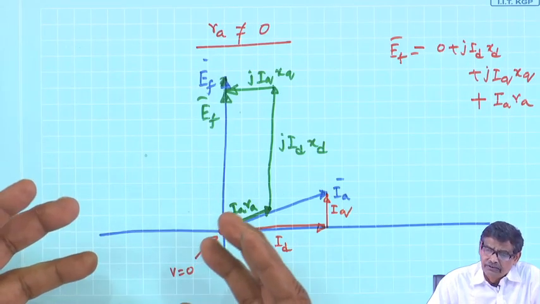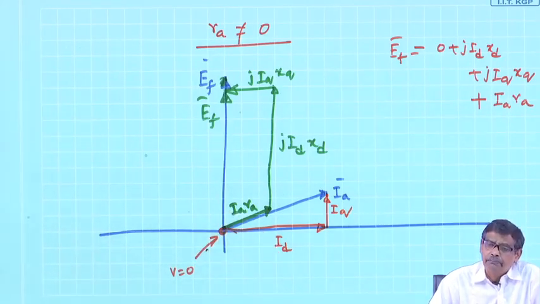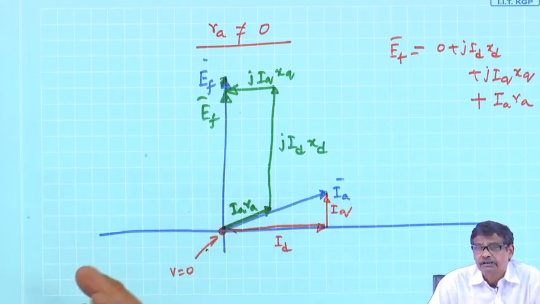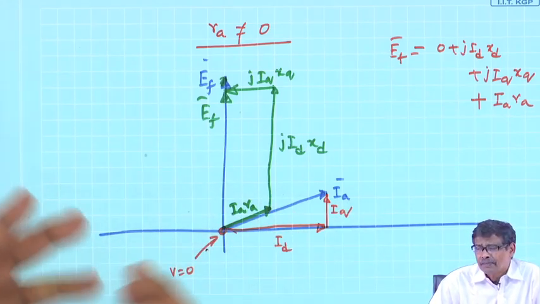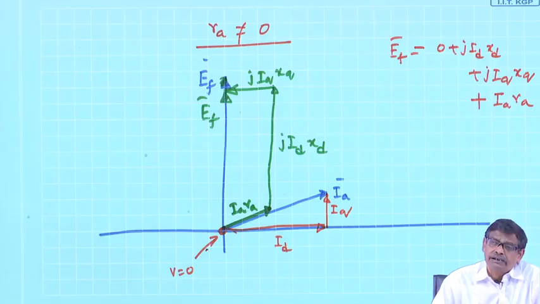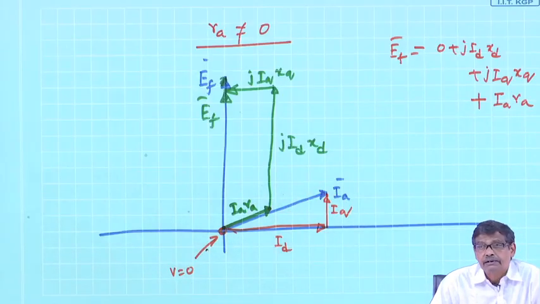And then the concept of rotating magnetic field, the basic principle of operation of the 3 phase induction motor, some ideas about its torque slip characteristics, which are very important, and equivalent circuit development.